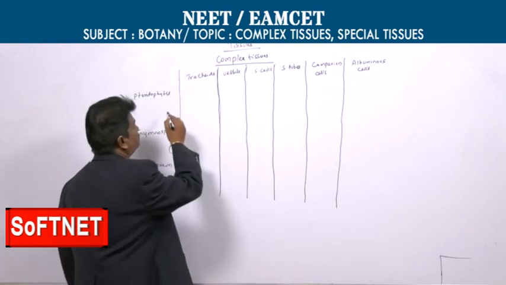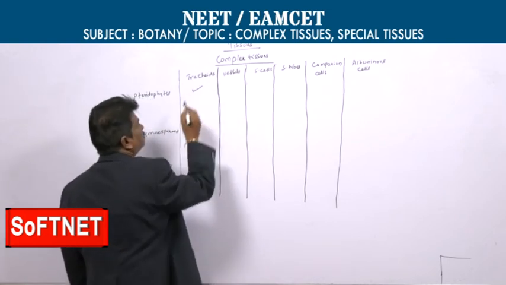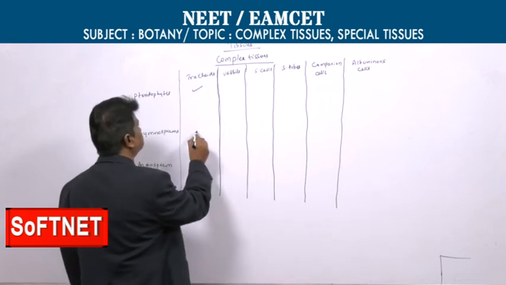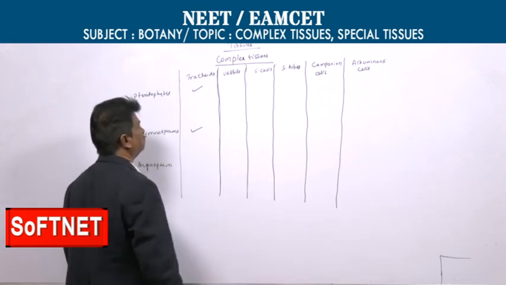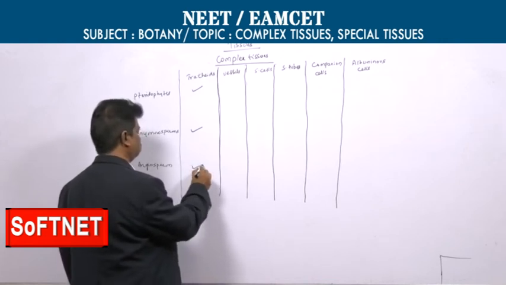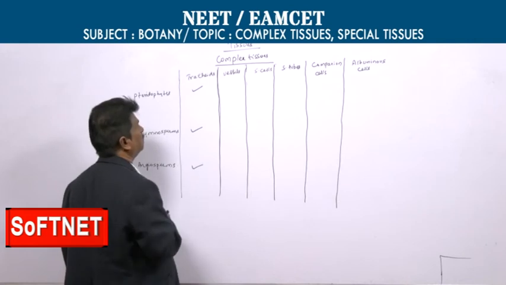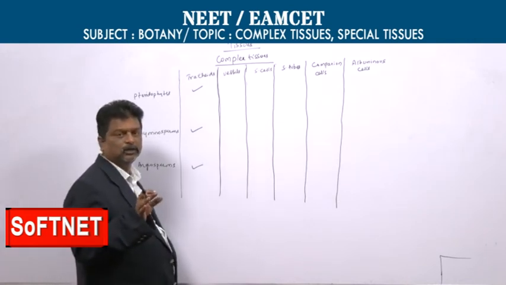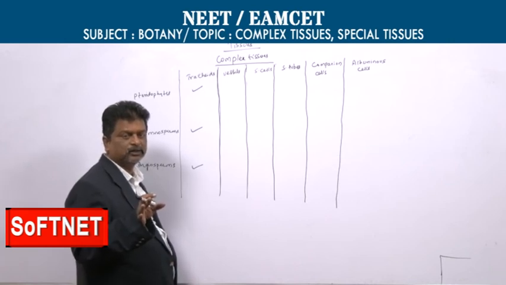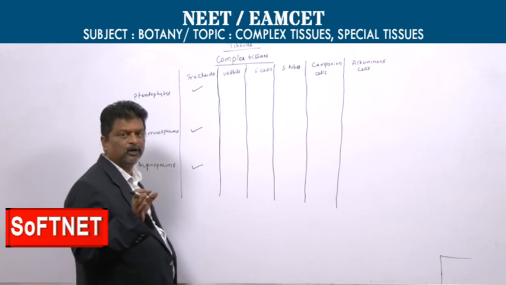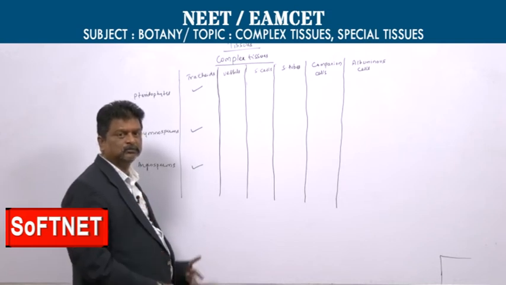First one, tracheids present in pteridophytes, present even in gymnosperms, present even in angiosperms. It means tracheids are present in all tracheophytes or all vascular plants.